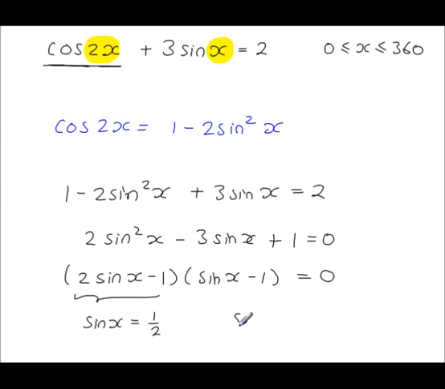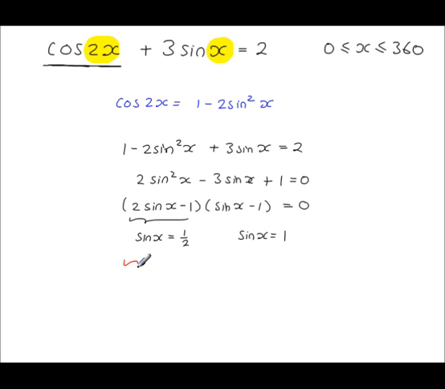And from this one here we've got sine x minus 1 equals 0, so sine x is equal to 1. So the angles that we get from this side, which are within this range, are 30 and 150 degrees, and from this side we get a single angle, 90.